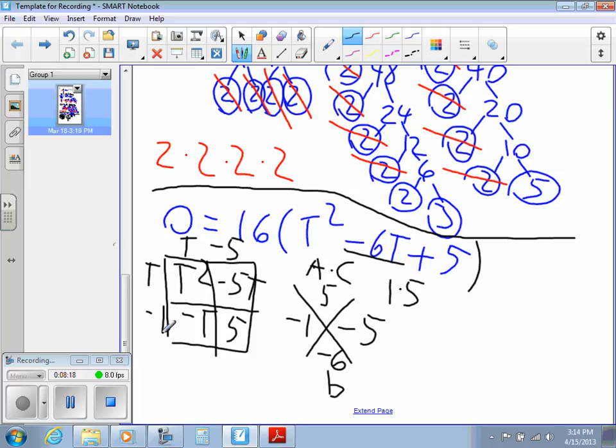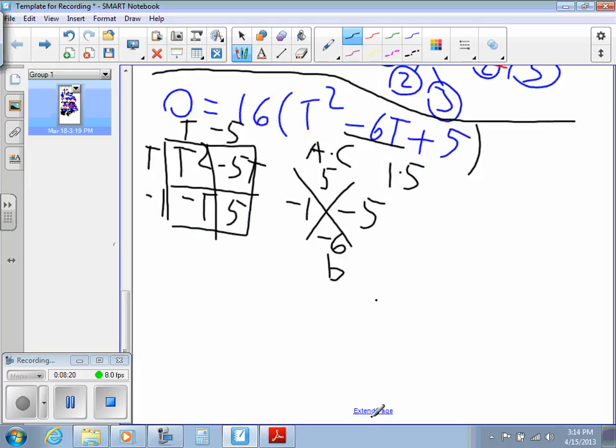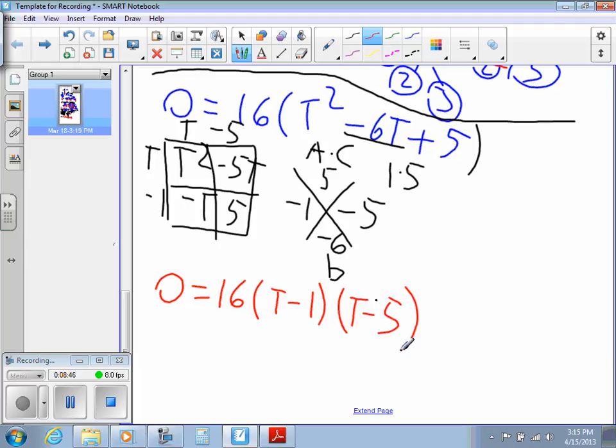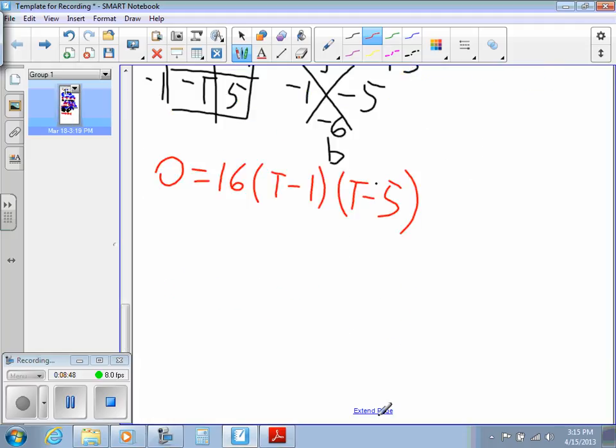So now we have the factored form of the equation. Now we'll go ahead and do that. So I have 0 equals 16 times t minus 1 and t times t minus 5. Okay, so now I'm going to break it apart.